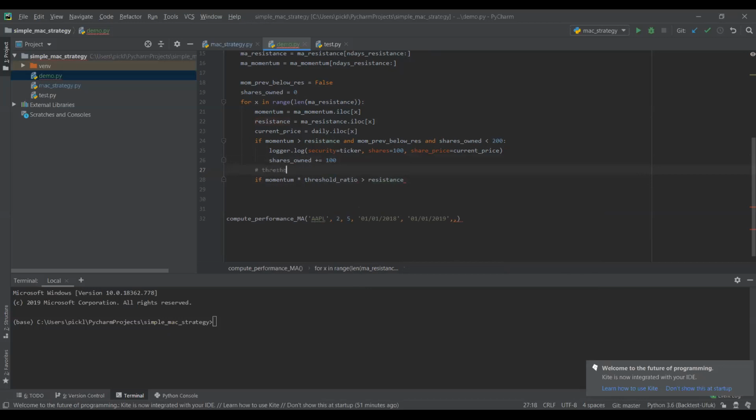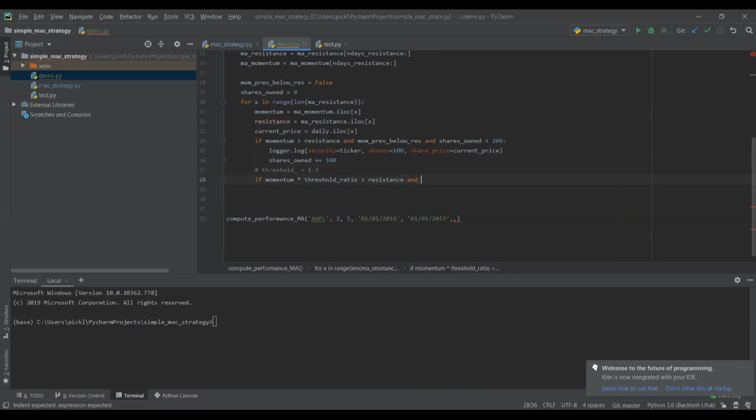When the momentum is 30% higher than the resistance, we sell, because we want to buy low and sell high. It's just that simple. Just listen to my advice, and you will become a millionaire overnight.